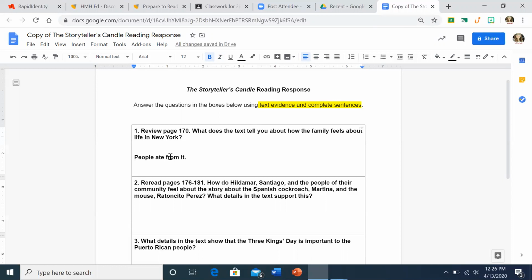Or some people put "face." They didn't even do a complete sentence. They just wrote "face." The sky had a face. These are both totally correct, but they're not really complete, educated, thoughtful responses. Okay, so that's what I'm looking for.